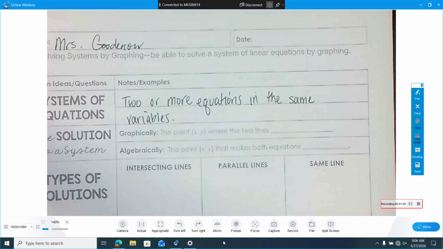So we start off with two equations and two variables. So we're going to be starting with x's and y's.